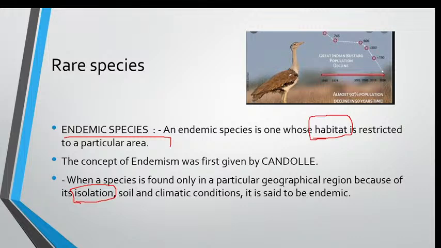The examples of rare species are the great Indian bustard. I have shown here the decline in the number of these birds. In 2020, almost 90% of the population had vanished because of over-exploitation by human beings, and people hunt these birds for food. So in the near future they will become endangered, and a little later they may become extinct if not properly conserved.